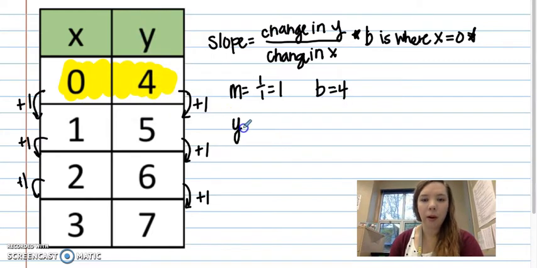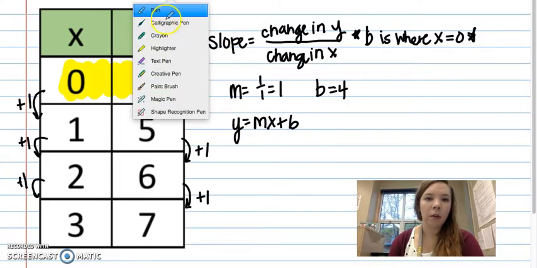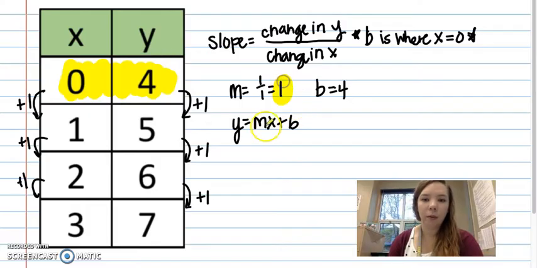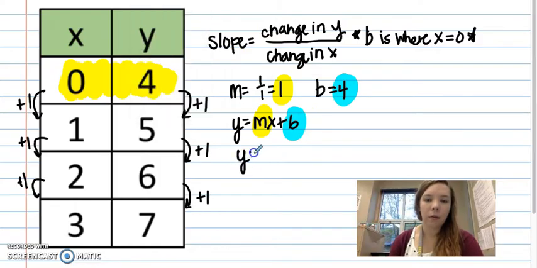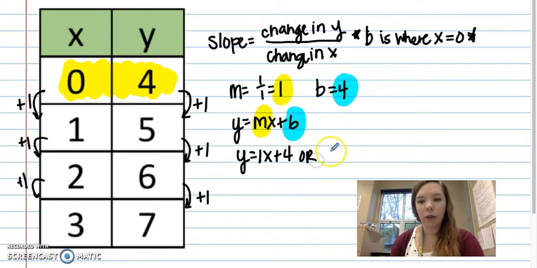So when I write my equation, I'm going to replace m with 1 and b with 4. So this would be y equals 1x plus 4, or you don't have to write the 1, and just do x plus 4. Okay, so there's our first example.